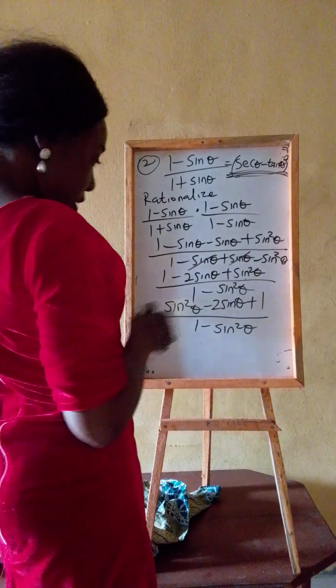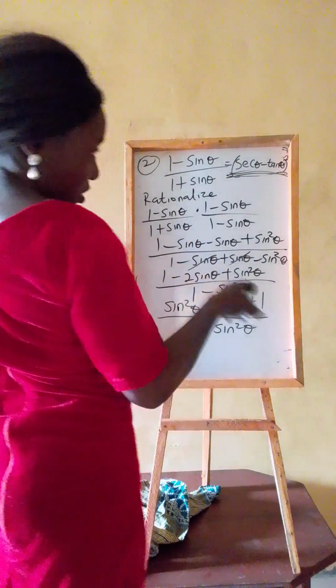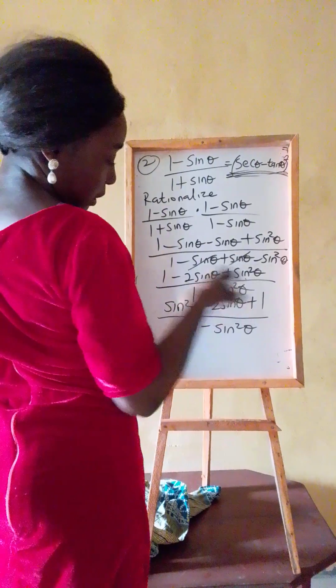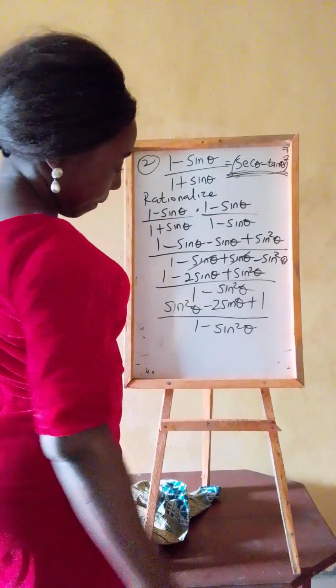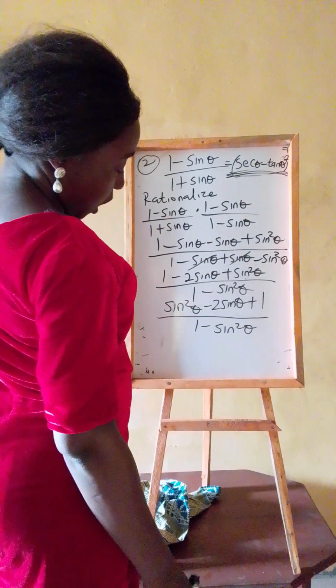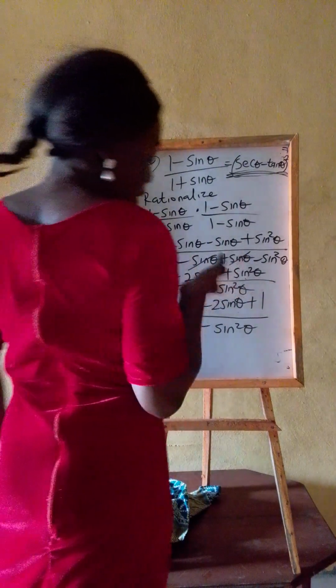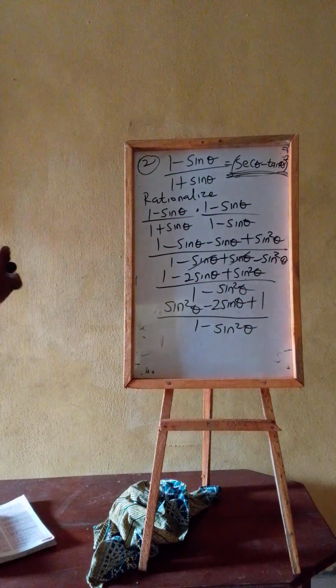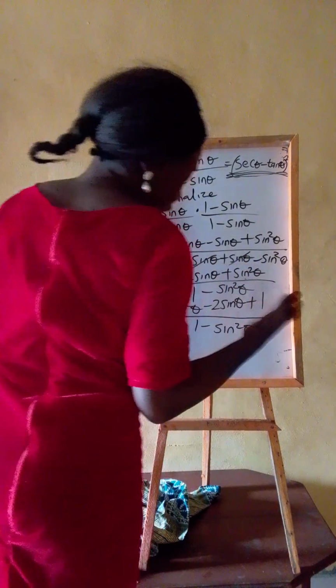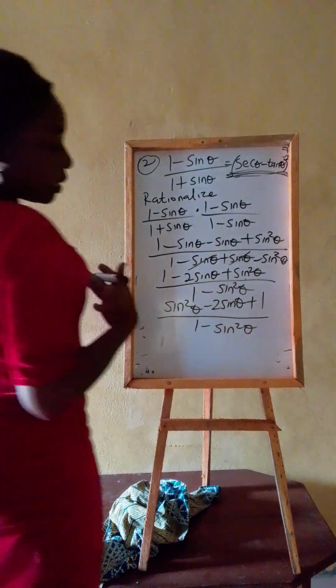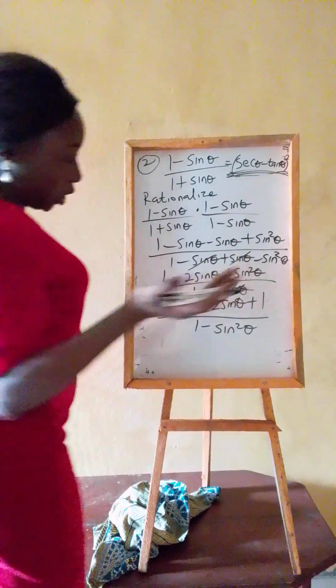So when we have something like this, the numerator is a quadratic expression.